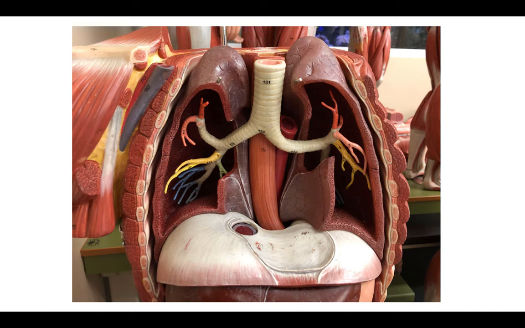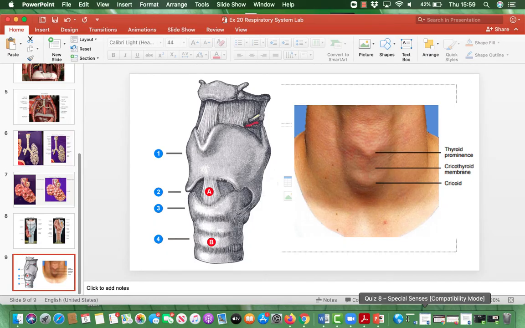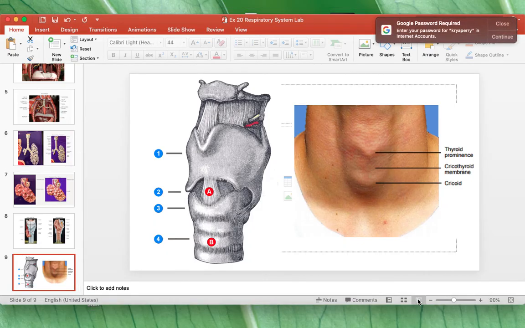They call 15 the right superior lobe, 16 is the middle lobe, and 17 is the inferior lobe. And then it's easy on the left side because it's just broken up into the left superior lobe, which is 18, and the left inferior lobe, which is 19. So anyway, you can see that on the diagram. Sorry, I thought I had one of the models that actually showed that a little bit better. Okay, let me go back here.